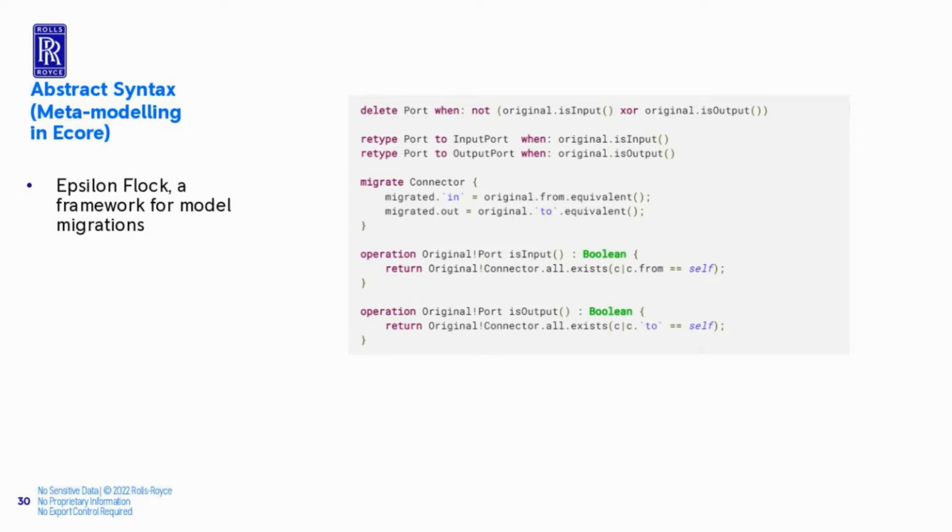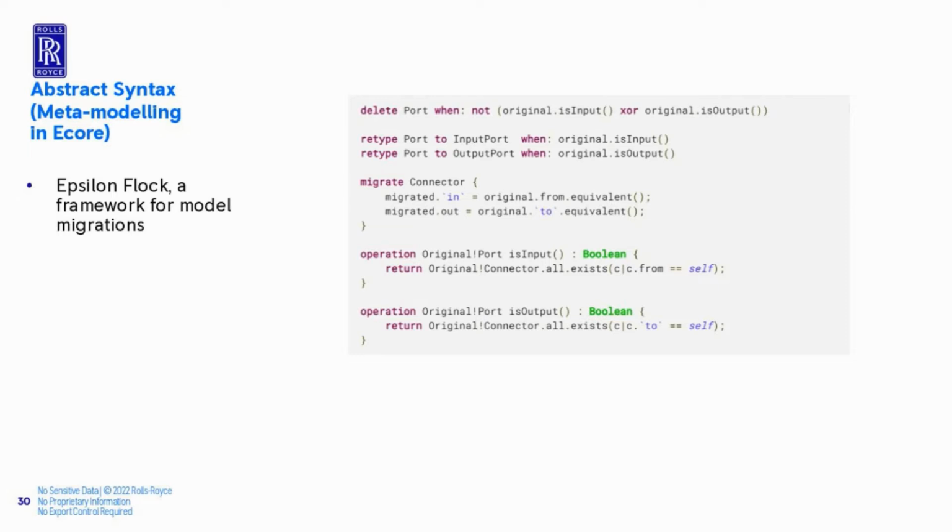Flock allows a mapping between two different meta models to be written, allowing for the automation of model migrations. Here you can see a snippet of the migration taken from the Epsilon support article, where the concept of a port has been changed in the meta model to be a domain concept of an inport and a concept of an outport.